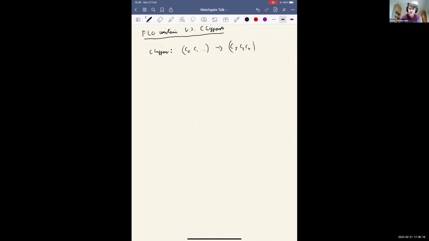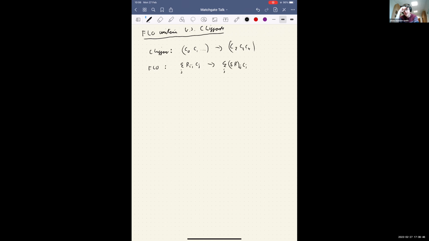On the other hand, an FLO unitary maps something like the sum over j of r_ij C_j to the sum over j of s r_ij C_j.